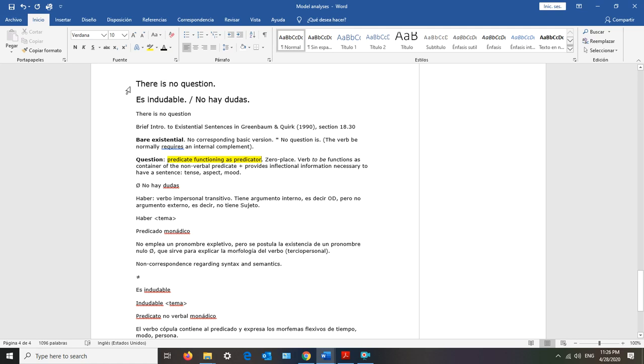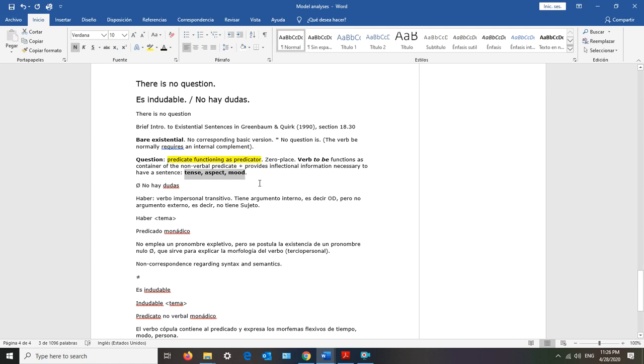One of the definitions of sentence establishes that in order for us to have a sentence, we need a subject and we need a finite verb, right? So, if question is not a verb, then we need a verb, in this case it is the verb to be, that helps us have a sentence insofar as we need a finite form that shows tense, aspect, and mood in order for us to have a sentence.